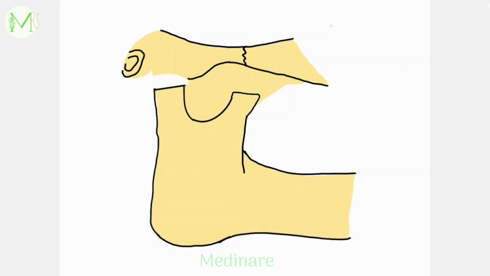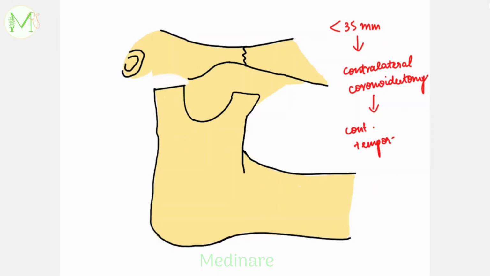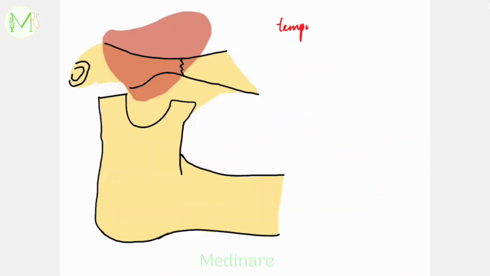If the maximum mouth opening or the interincisal opening is less than 35 mm, we will proceed with contralateral coronoidectomy. And we will also proceed with contralateral temporalis myotomy. And to get access to this uninvolved side, we can go through an intraoral incision. If the temporalis myofascial flap is salvaged, we can line the glenoid fossa with it.